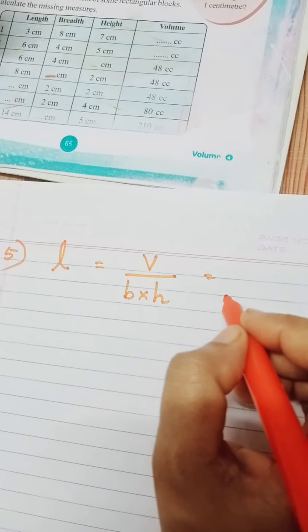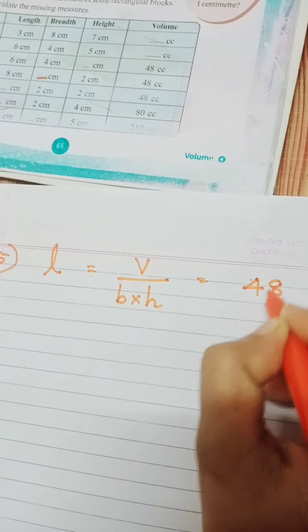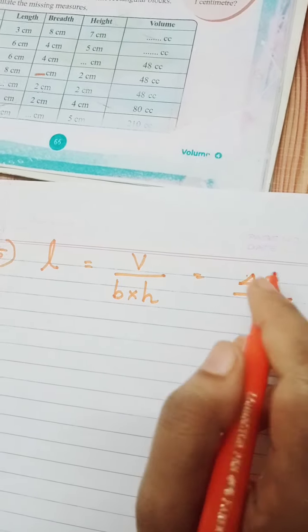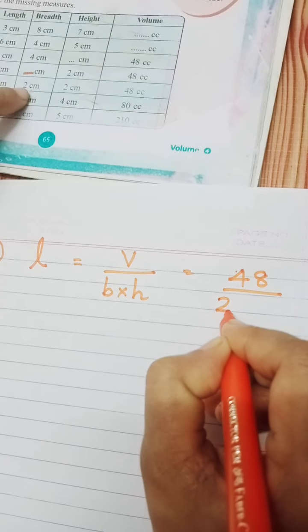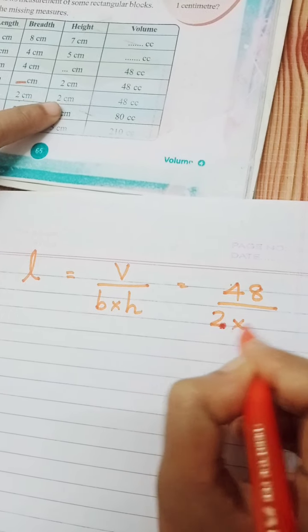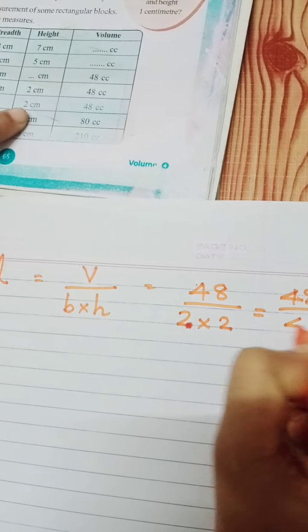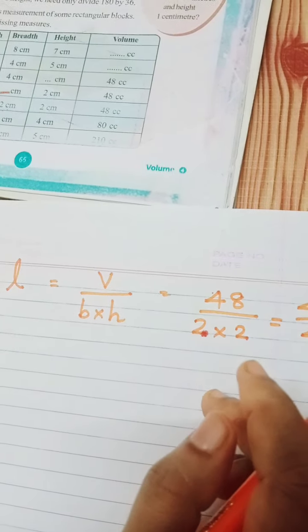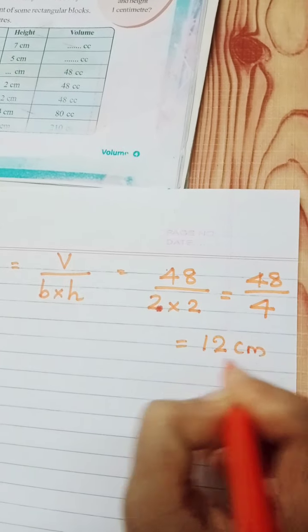That is equal to volume, again given as 48 centimeter cube, divided by breadth, 2 centimeter, into height, again 2 centimeter. So when you divide 48 by 4, you will get the answer as 12 centimeter.